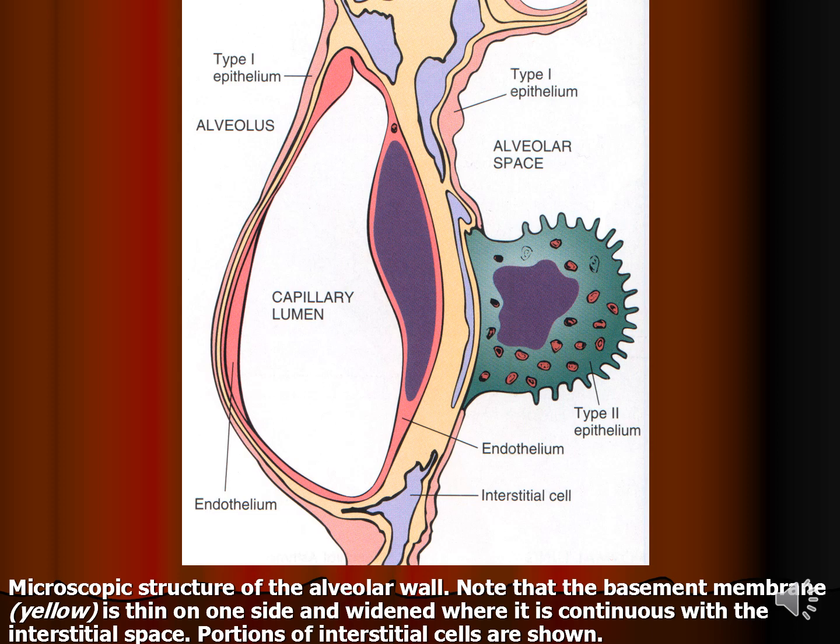Alveoli have the type 1 epithelium, which also covers the alveolar space, the inner layer, and also type 2, as I have already mentioned, which is involved in producing surfactant, which is needed for the working of the alveolar gas exchange mechanism.